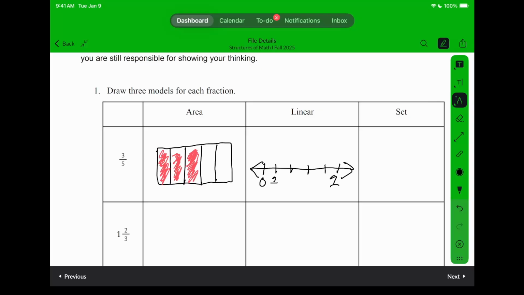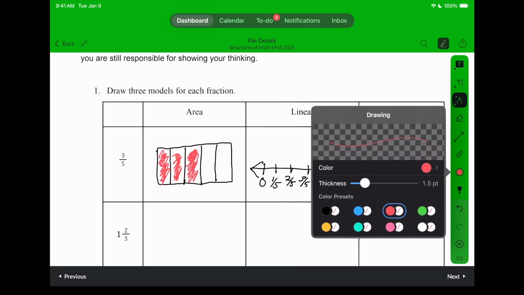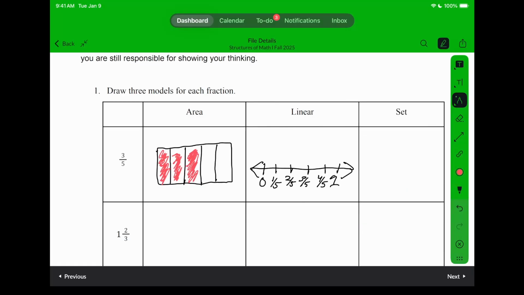You've got to remember to label your number line. So this will be 1/5, 2/5, 3/5, 4/5, and then 5/5 is the same thing as 1. And then from there, we can plot our point at 3/5.